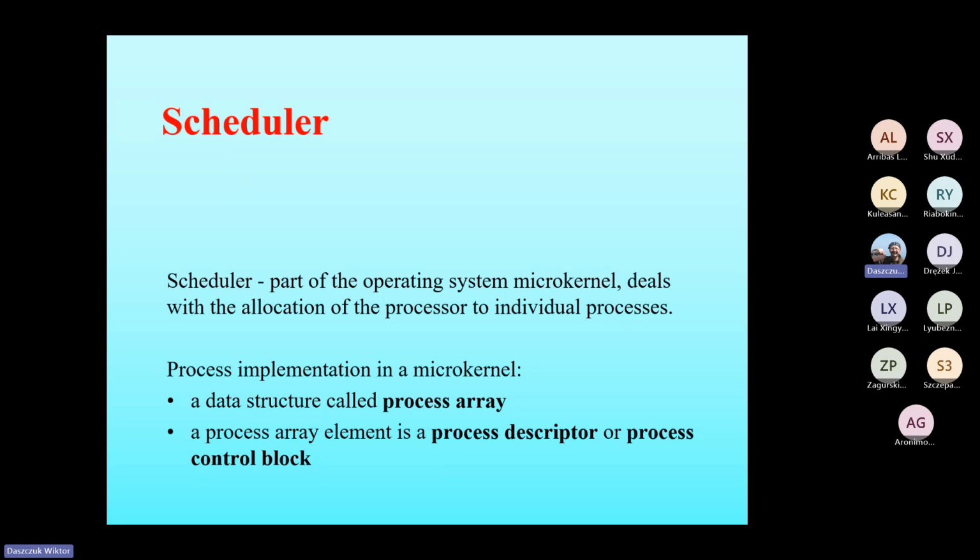It contains all informations that differ this process from other processes. For example, state, ID, owner, parent process, head of list of children, and so on.